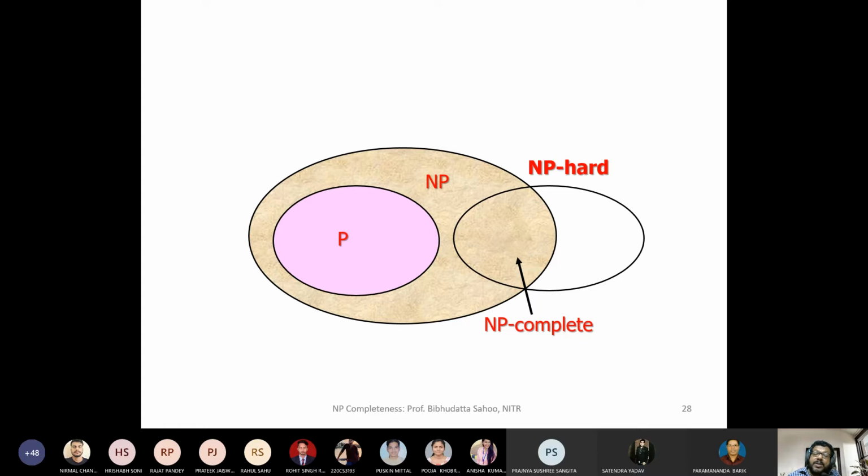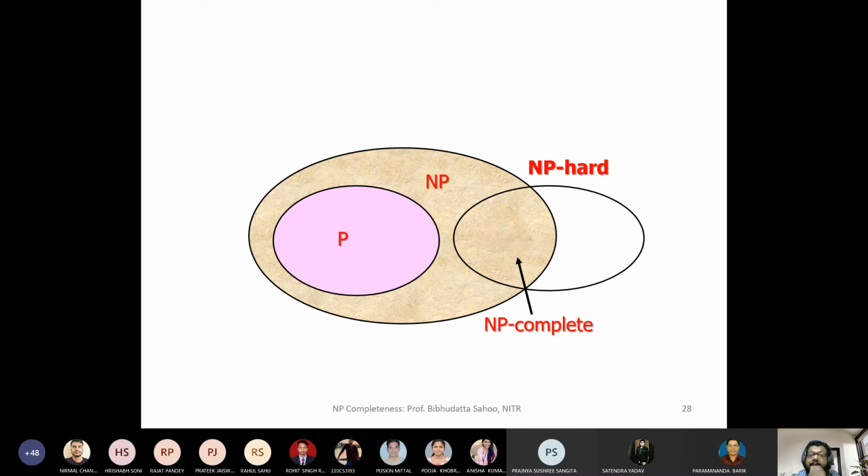Because it is an open problem, not all problems belonging to NP are proved to be NP complete. So NP complete is a subset of NP. There are some common problems which belong to NP and are proved to be NP complete, so this shares a common space.